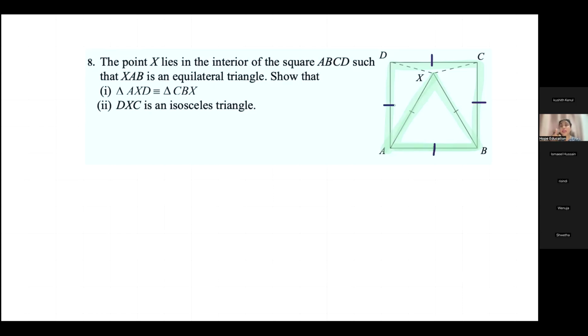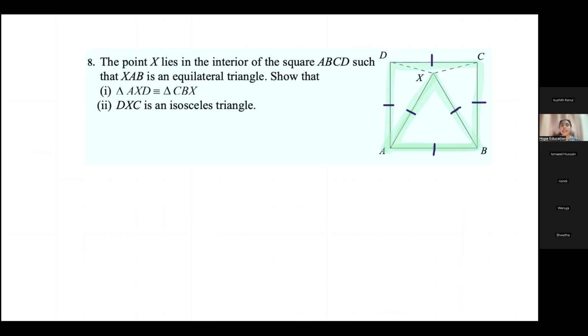At the same time, XAB is an equilateral triangle, so the length AB equals XB, and equals AX, right? So this is the data that they have given.